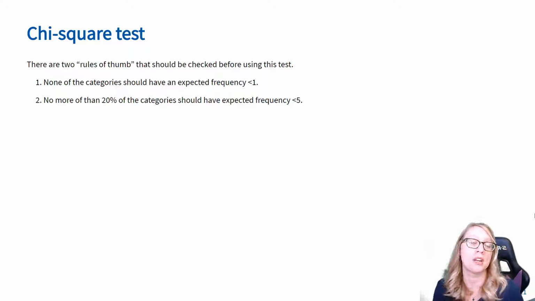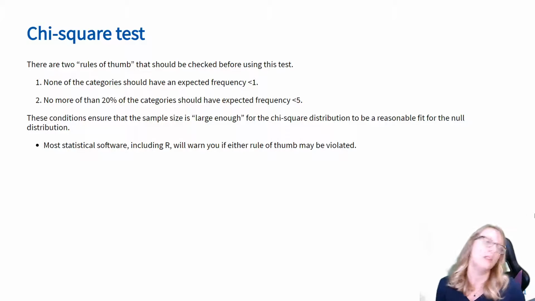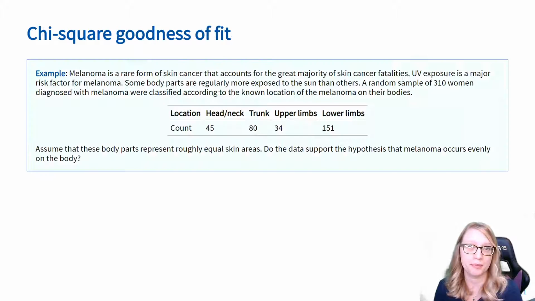Most of the time, you will be warned if these two sample size conditions are violated, so do be aware of that possibly creeping into your output. If you get a warning, that indicates that your sample size might be too small to use this procedure.